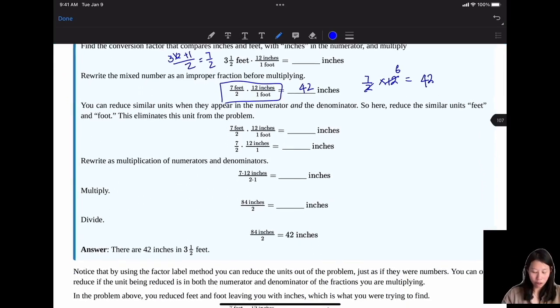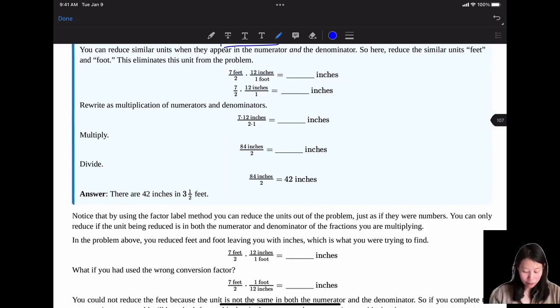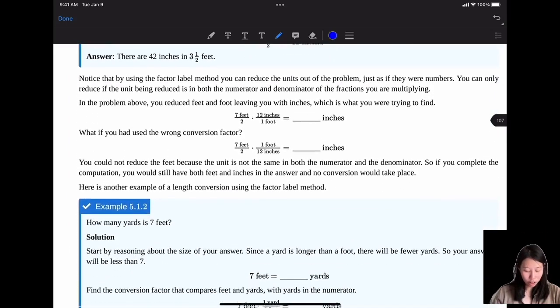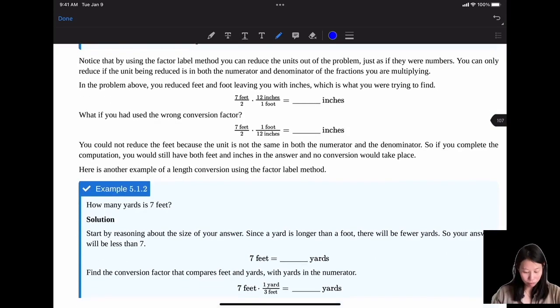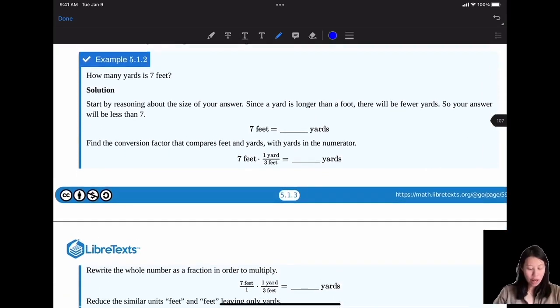Okay, so now let's take a look at another example. How many yards is 7 feet? Now we want to convert feet to yards. Which one is the larger unit? Feet is a smaller unit, yard is a larger unit.